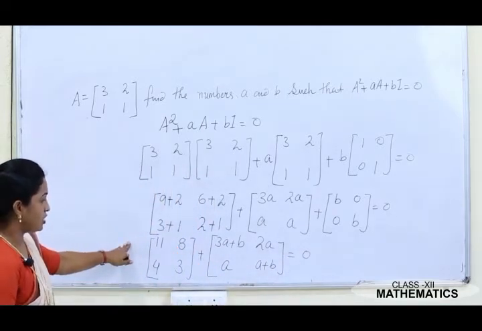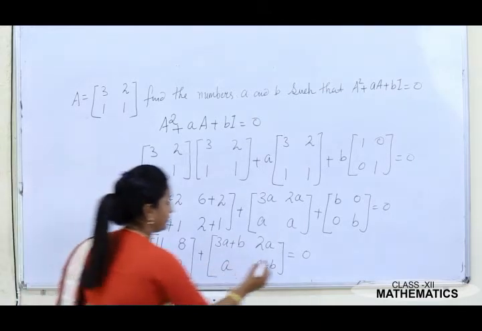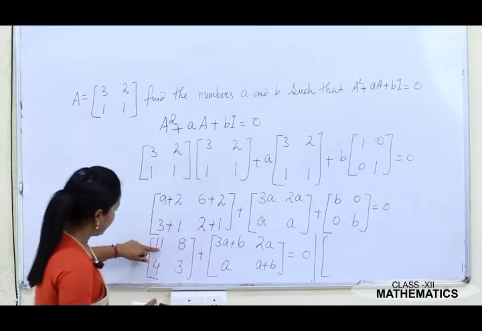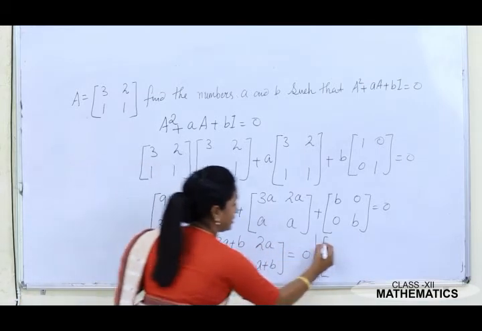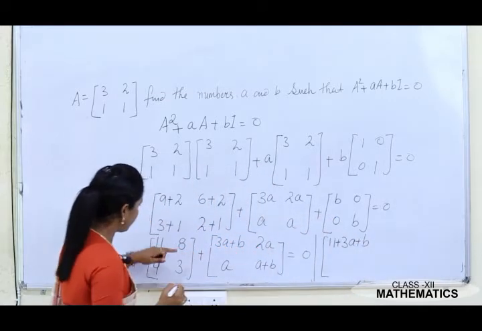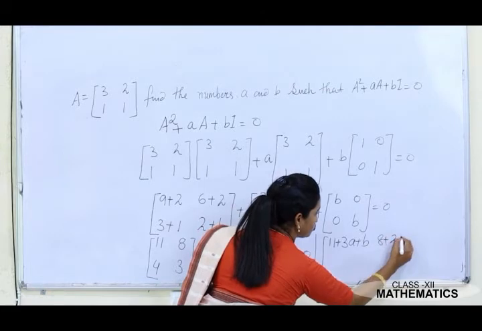Clear, children? So, now you will frame the equations. Okay. Now, again, what you are going to get? You are going to get a matrix 11 plus 3a plus b. Next will be 8 plus 2a.